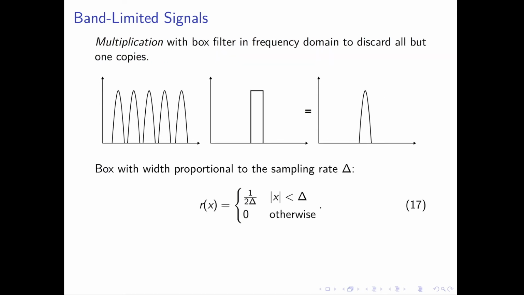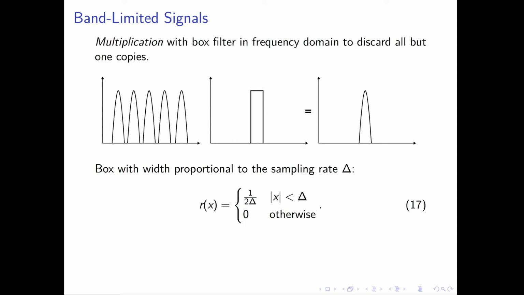The next thing that we have to take care of is reconstruction, right? We can already see in the frequency domain that if our signal is band limited and we have all those copies, there is a reconstruction filter that we know. If we multiply our signal with that reconstruction filter, we will be able to exactly reconstruct the original signal in the frequency domain.